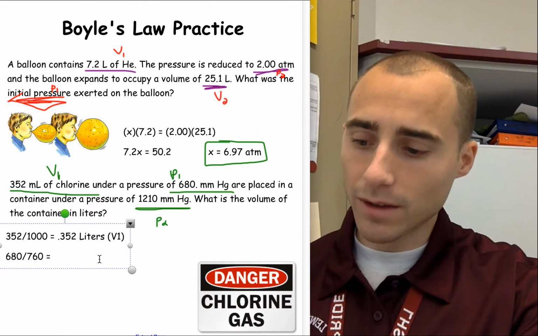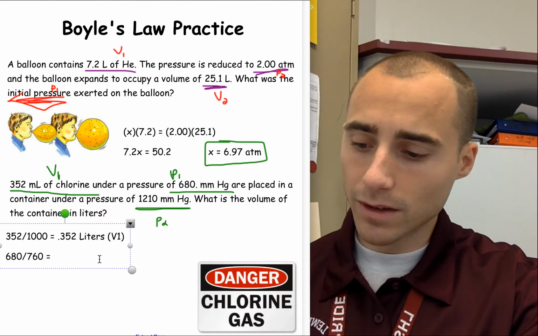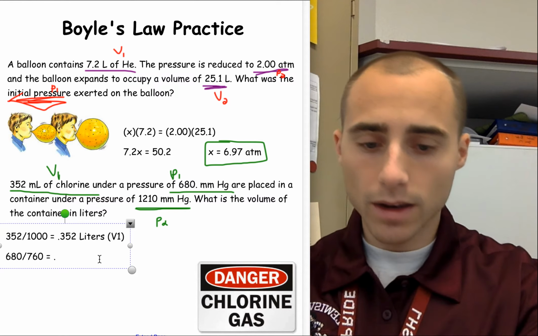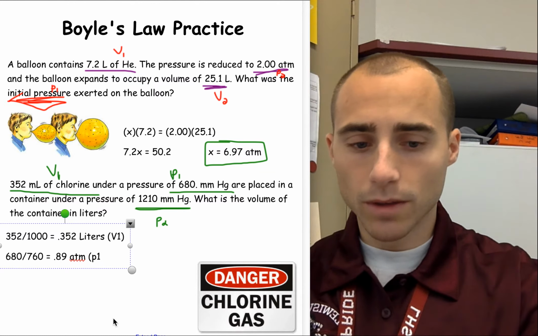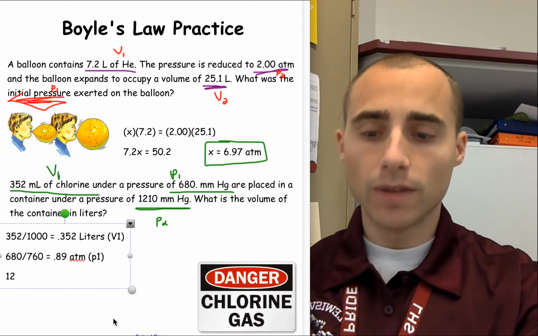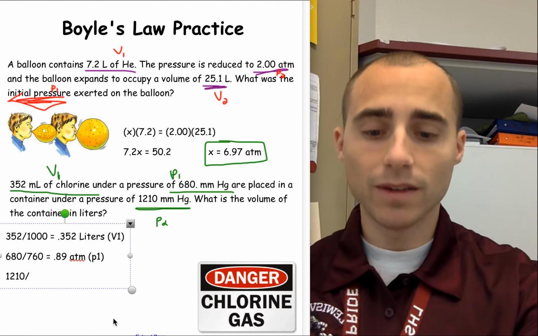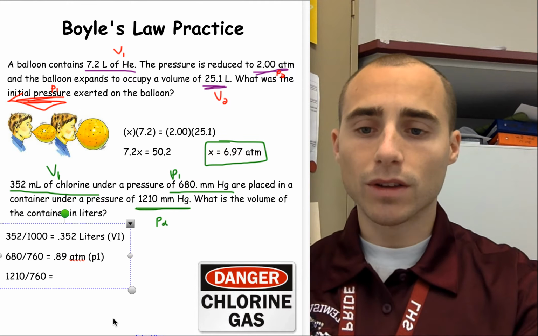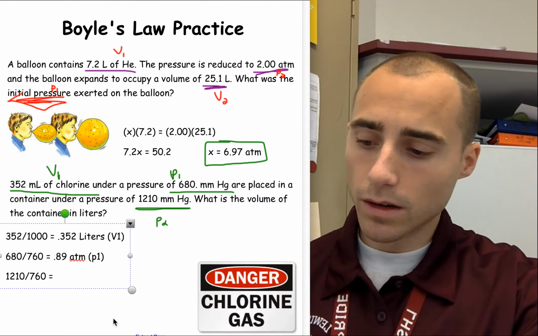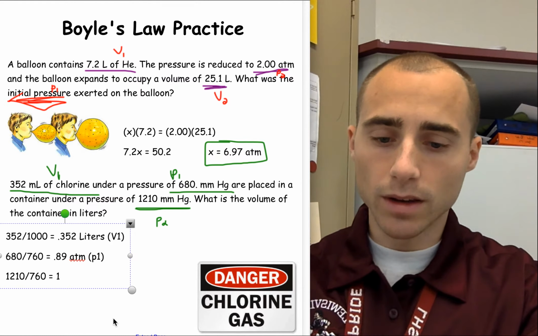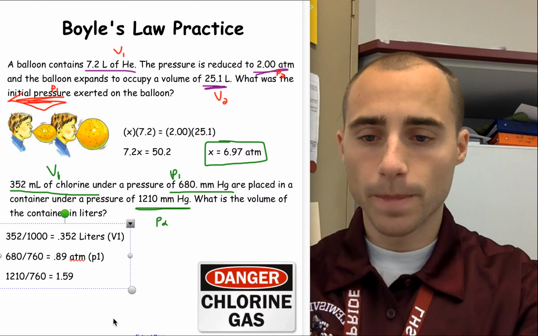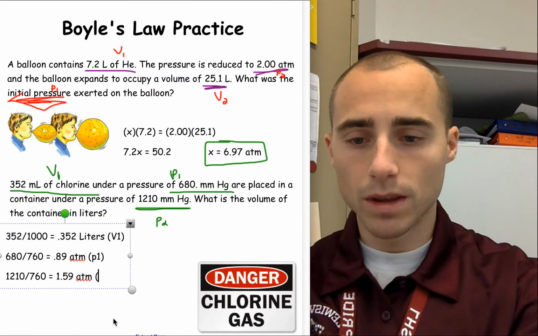Always divide by 760. So 680 divided by 760 is going to be 0.89 atmospheres, and that's going to be P1. Then, because we're given millimeters mercury again, we do 1210 divided by 760 once again. That's going to equal 1.59 atm. That's going to be P2.